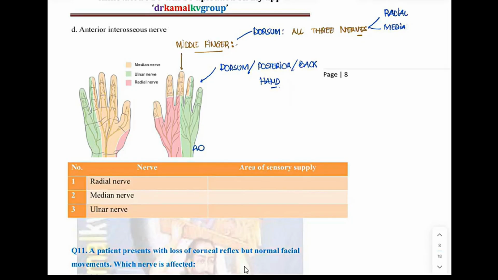Okay. So this is also one very favorite question of the exam setters. And then if we come to the ring finger, this all is ulnar nerve, the medial part, and the lateral part is all median nerve. Okay. But the middle finger is very important.